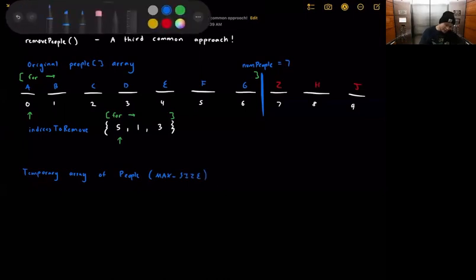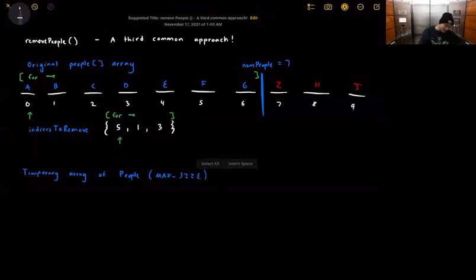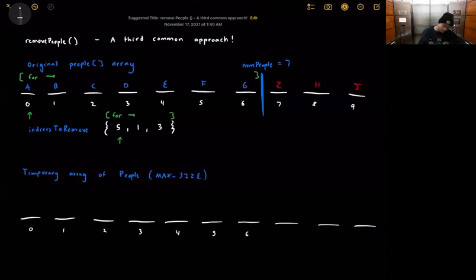So we have the 10 spots. I'll draw those out right now. Okay. Right, and this will be the temporary array where we're going to move over the people we want to keep.